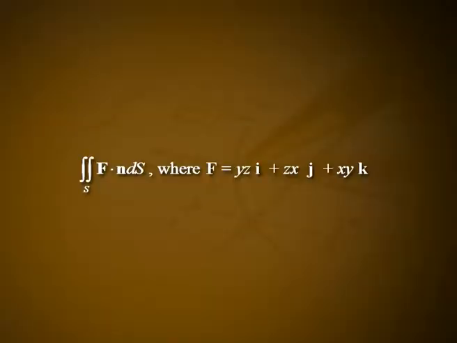Example 1. Evaluate the double integral over S of f·n dS, where f is equal to yz i plus zx j plus xy k and S is the surface of the sphere x² plus y² plus z² equal to 1, which lies in the first octant. Solution. A vector normal at the point P(x,y,z) on the surface S in the first octant is given by the gradient of x² plus y² plus z² minus 1, which is equal to 2x i plus 2y j plus 2z k.